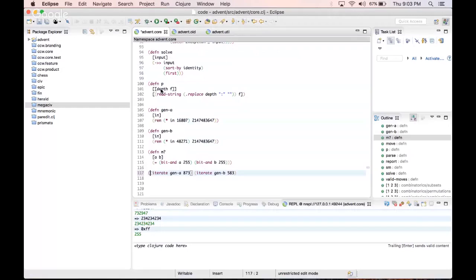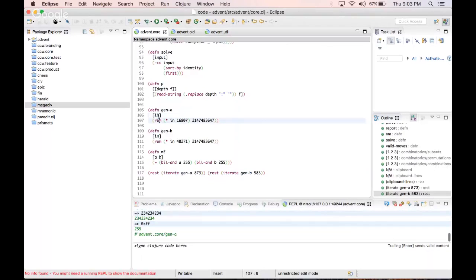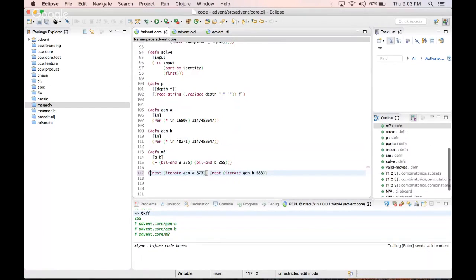First value. So I just think that we need to take rest here. So we got our matcher, and then we want to, I guess, maybe do like a filter on M. Here we go. We'll map M to this.